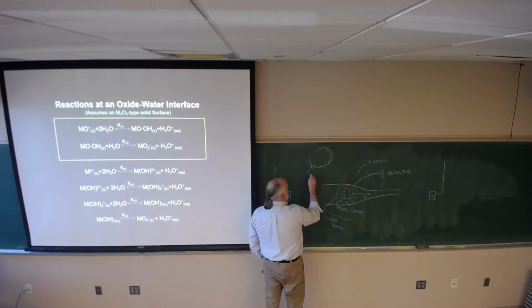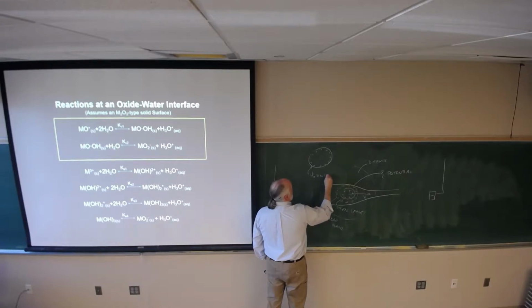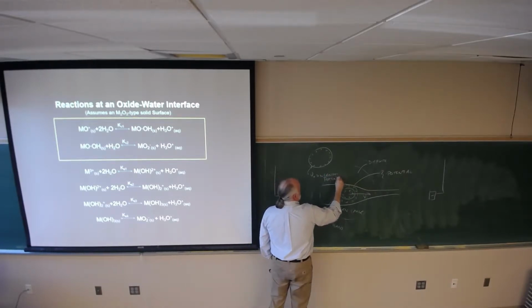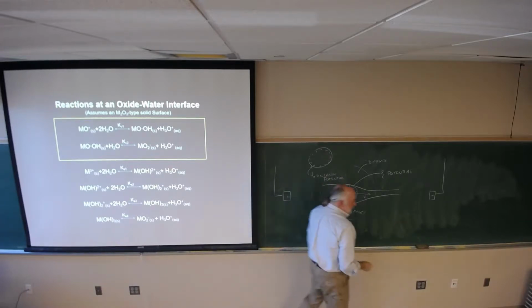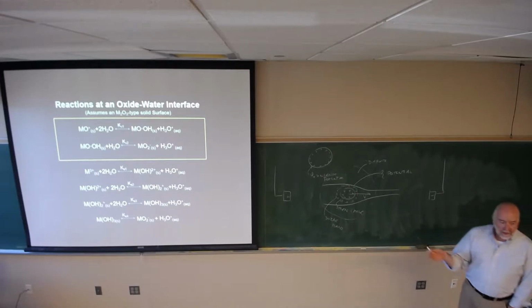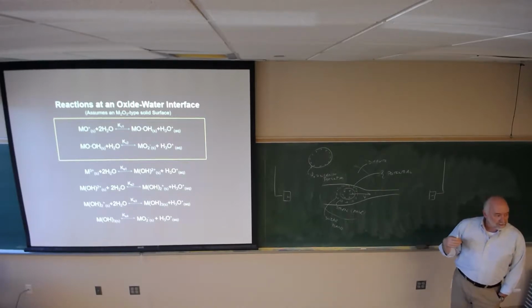Here it is called the Nernst potential. The Nernst potential is the potential that is generated by changing the level of acid or base in my suspension.